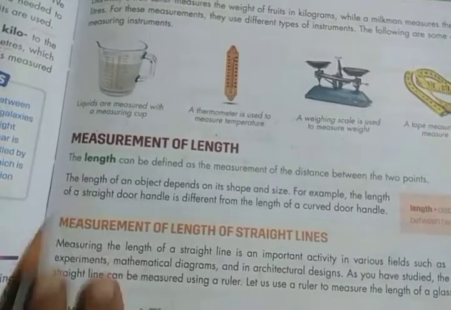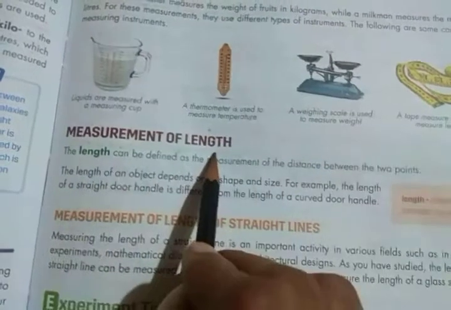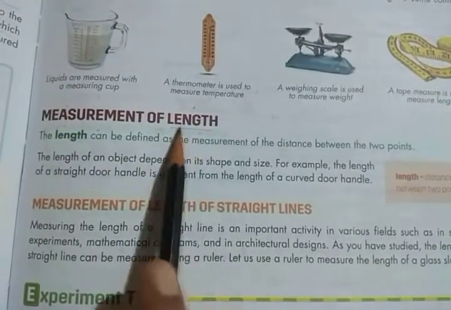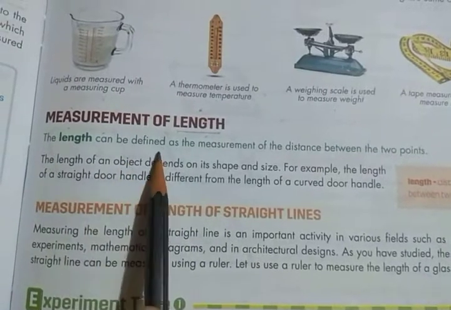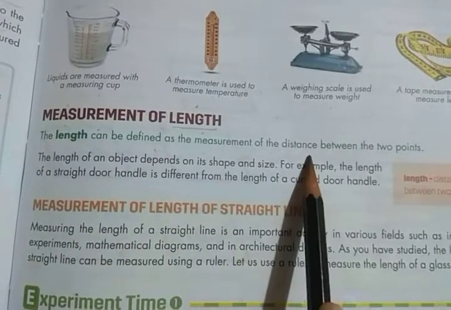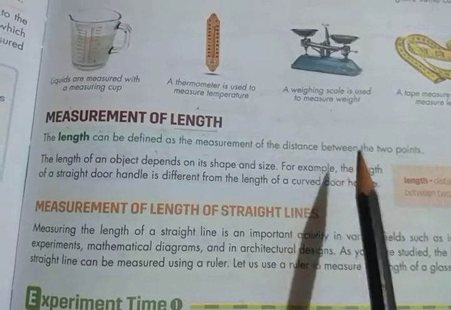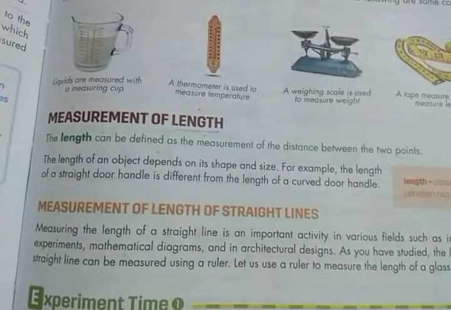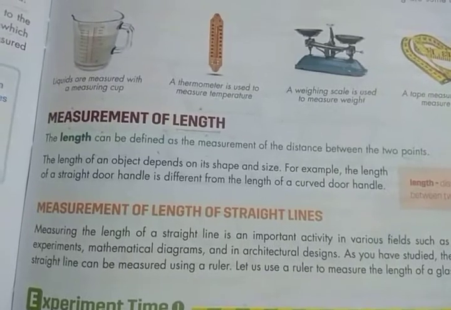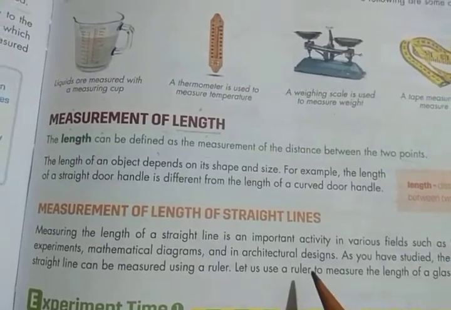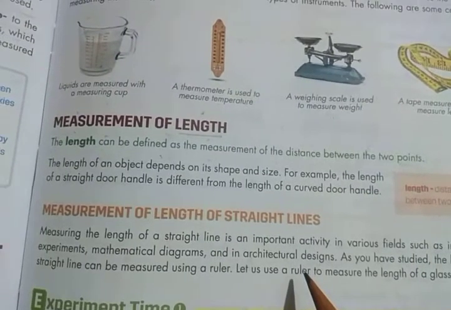Now let's go for measurement of length. The length can be defined as the measurement of the distance between two points. That means the starting point and the end point. Clear?